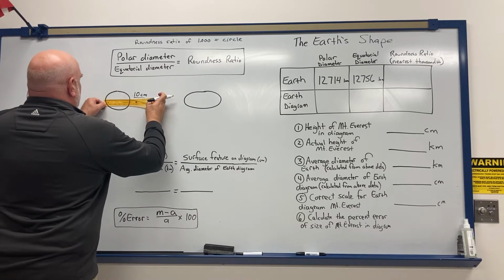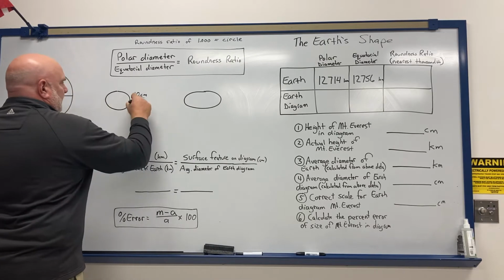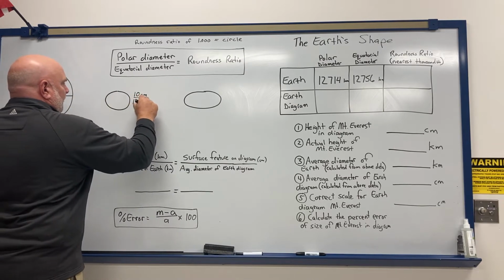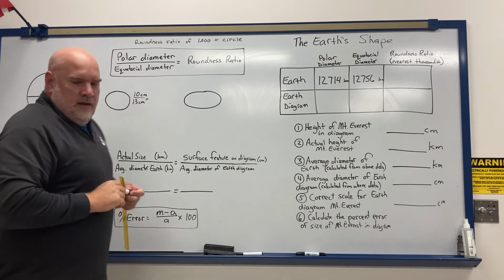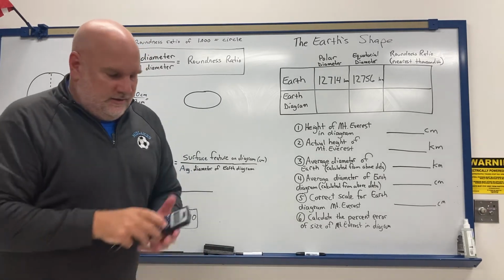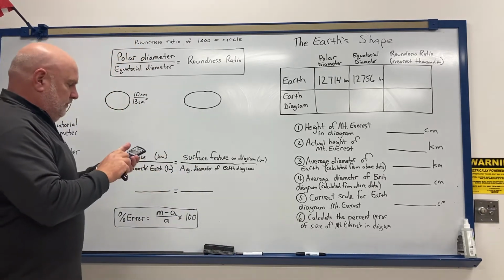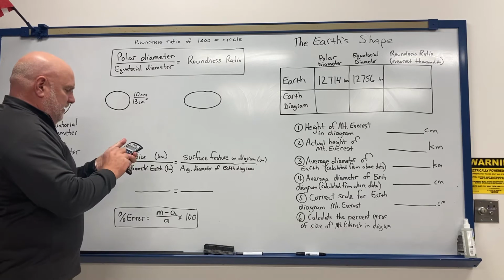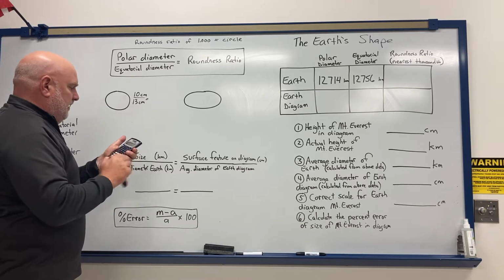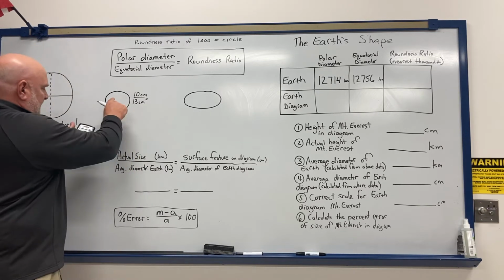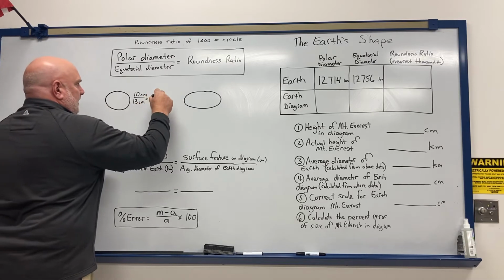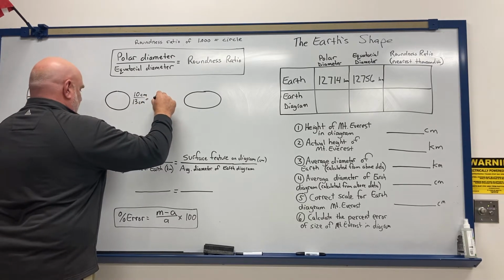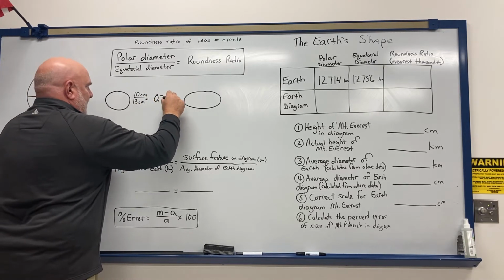I measure that and it works out to be about 13 centimeters. I pull out my handy dandy calculator. I go 10 divided by 13. The roundness ratio of this one right here is 0.769.